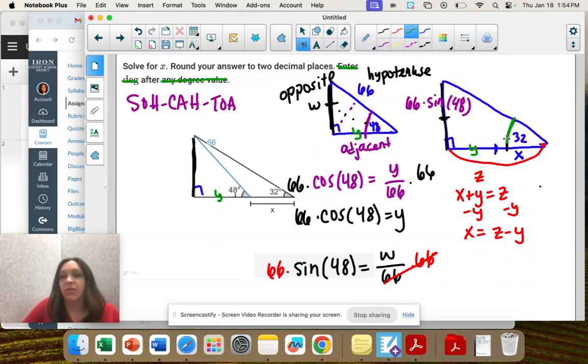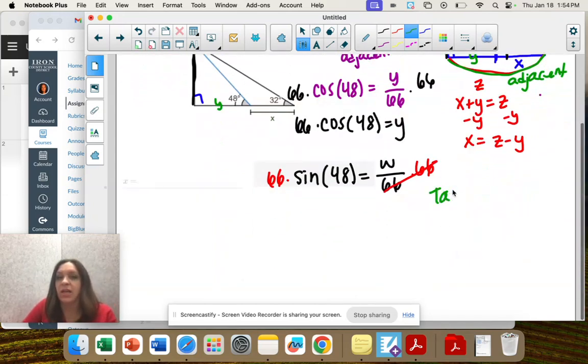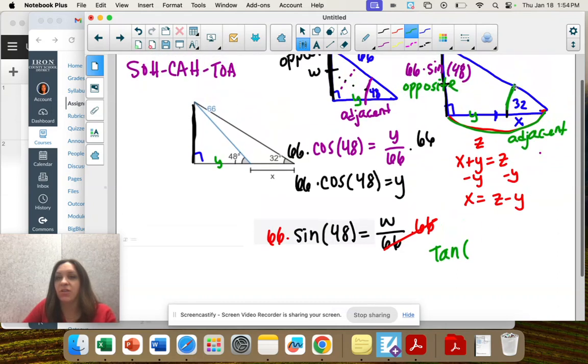All right, so now to solve for z, we have the opposite, and we're going to solve for the adjacent. So now we're going to use tangent using this triangle. So tangent of 32 equals opposite over adjacent.